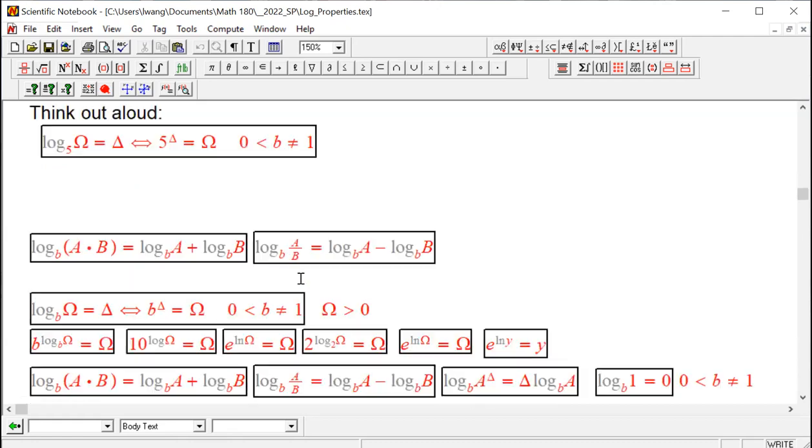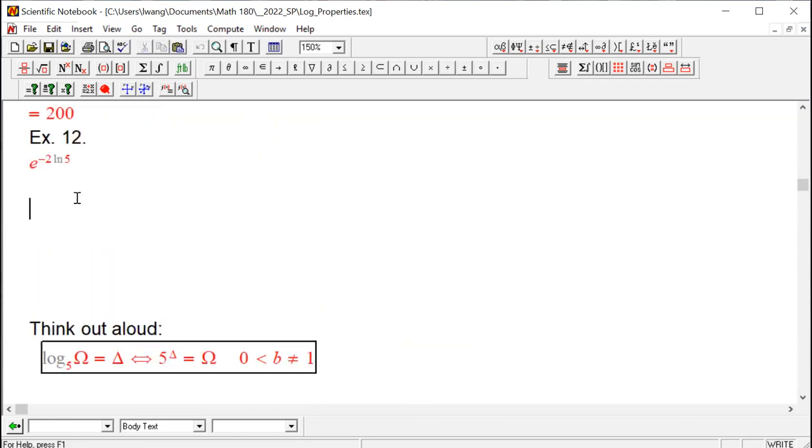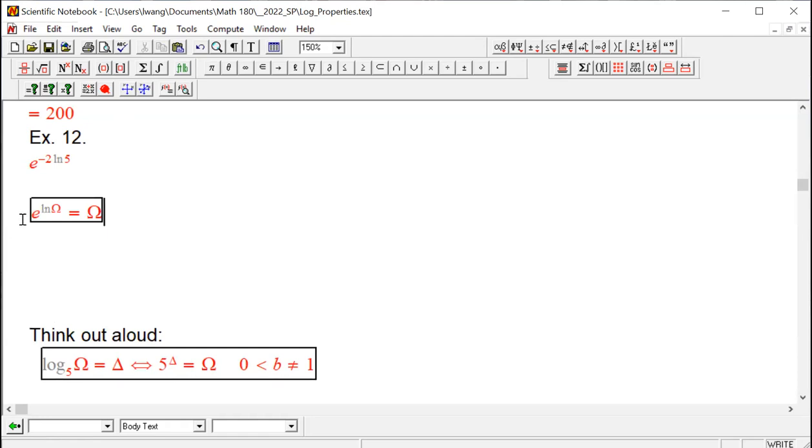Can we apply this property yet? We cannot, because e raised to the power ln omega, the number before ln has to be 1, and here we have a -2, so we cannot apply this property yet.